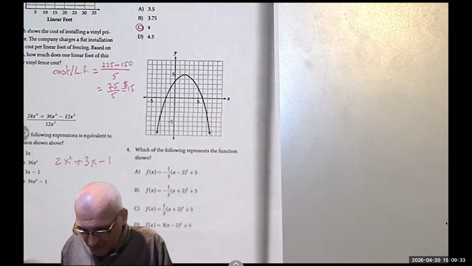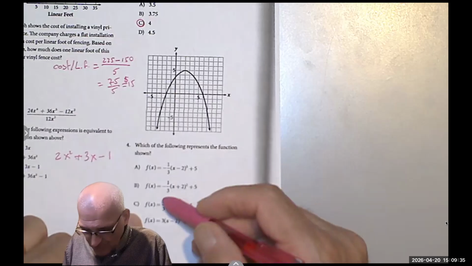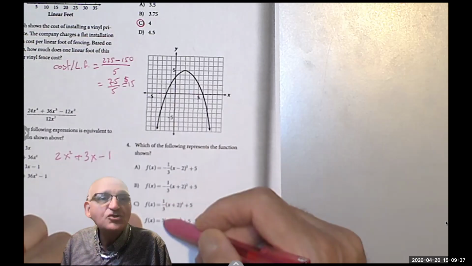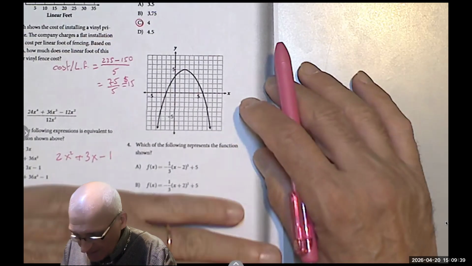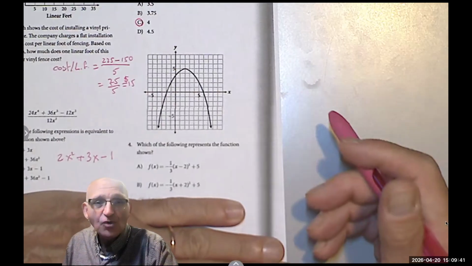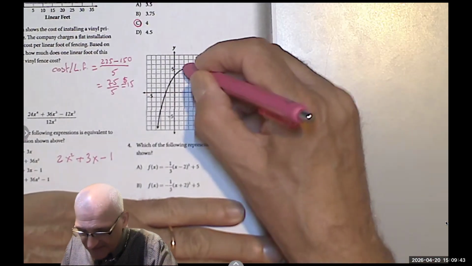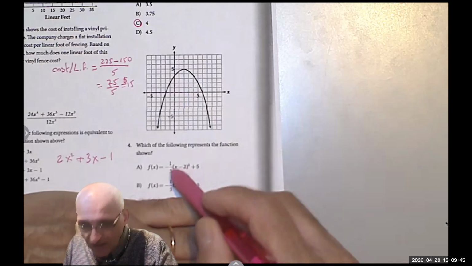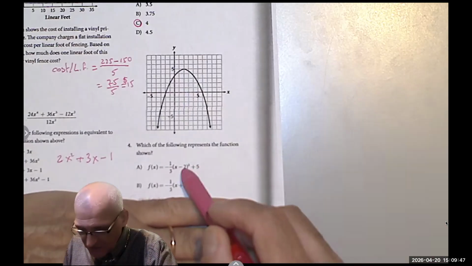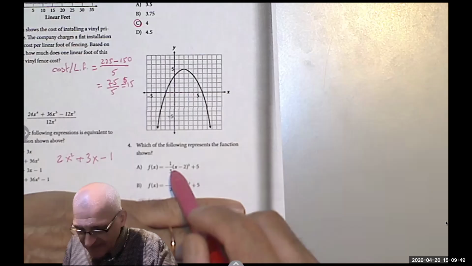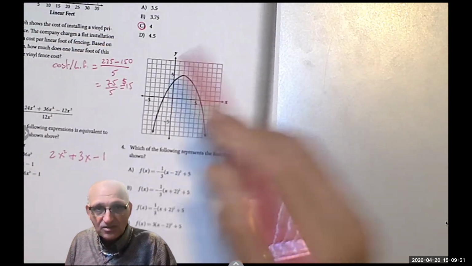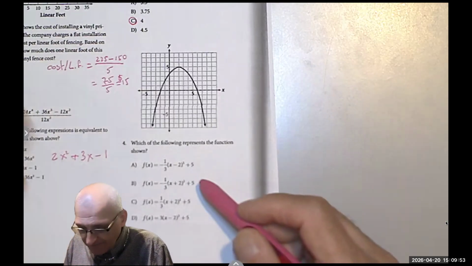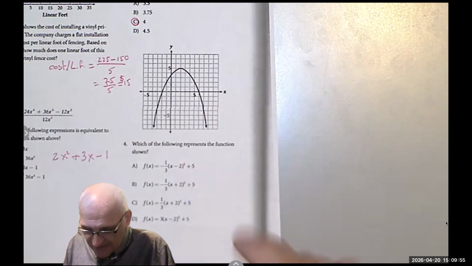So I can exclude C and D because that says 1/3 and 3, and these two are positive, right? Now, what else do I know? I know that the vertex is satisfied by the equation of x minus 2, meaning my x is at 2, right? Because you are going to subtract. So A is the answer.